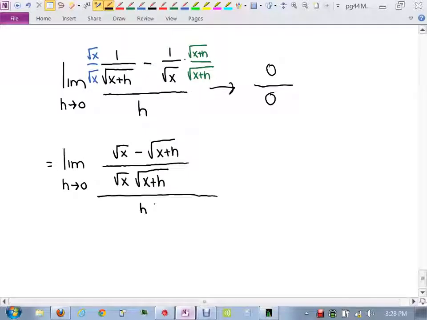What would the conjugate be? Square root of x plus square root of x plus h. Where do I put it? I think most of you would probably say this, but where do I put the other part of it?